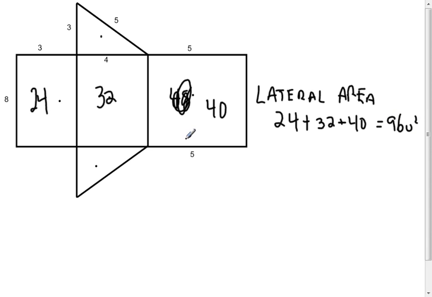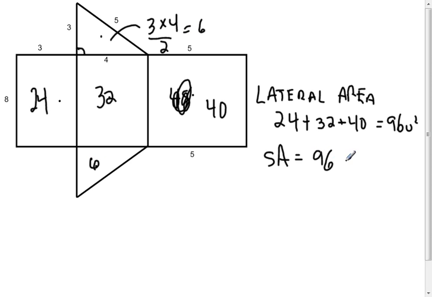Okay, and then for the surface area, we just add in the bases. So the area of this triangle is 3 times 4 divided by 2. That's the base and height. So 3 times 4 is 12, divided by 2 is 6, and the area of this would also be 6. So the surface area is the lateral area, 96, plus the two bases. So 96 plus 6 plus 6, which is 108.